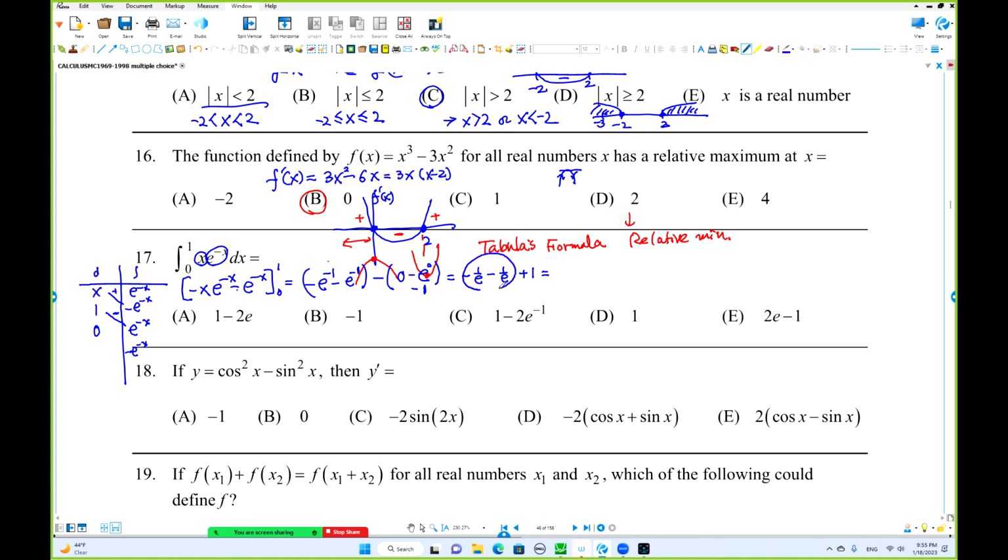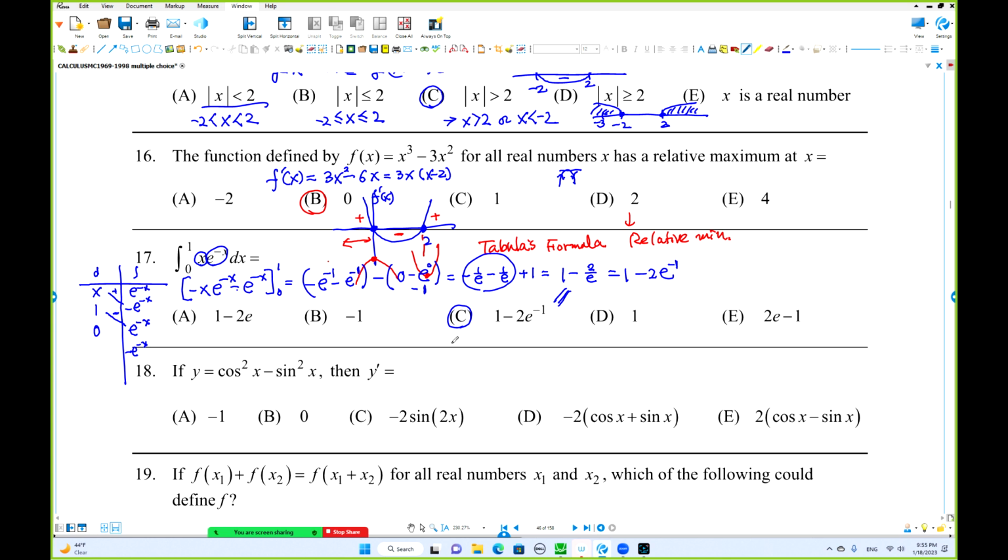So this is the same thing, right? So 1 minus 2 over e. Are you okay with this? Where is the 1 minus 2 over e? This one, right? This is actually 1 minus 2 times e to the negative 1, okay? Same thing, or you can find the equivalent. Choice C is the answer. Are you okay with this?